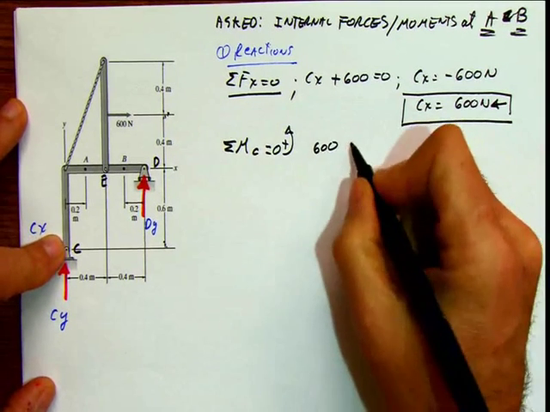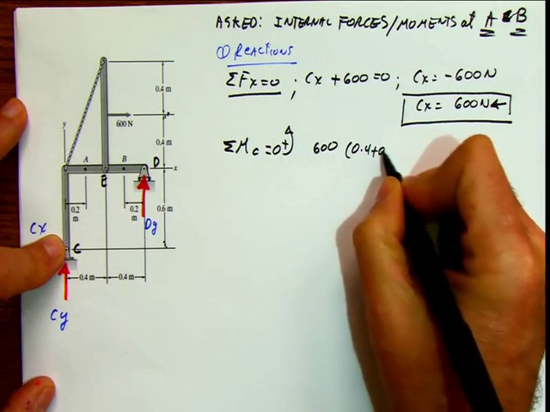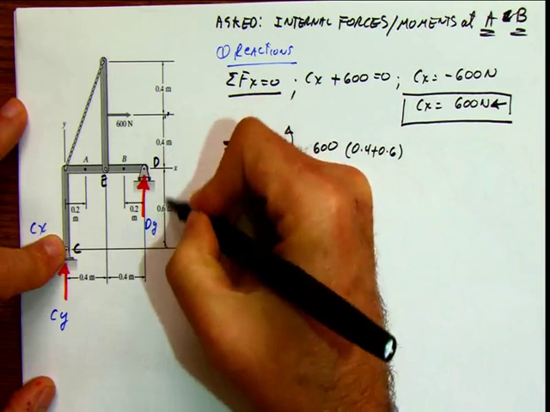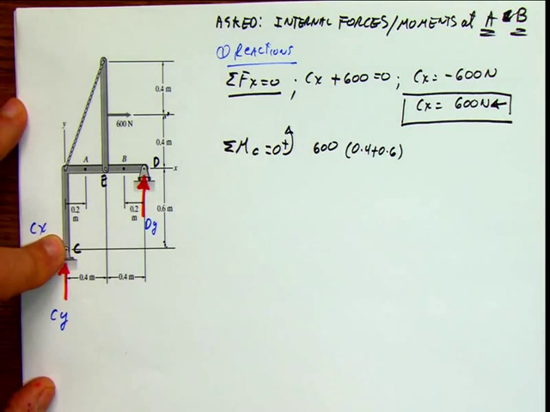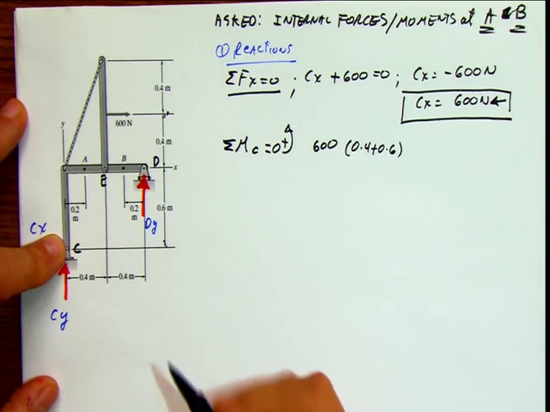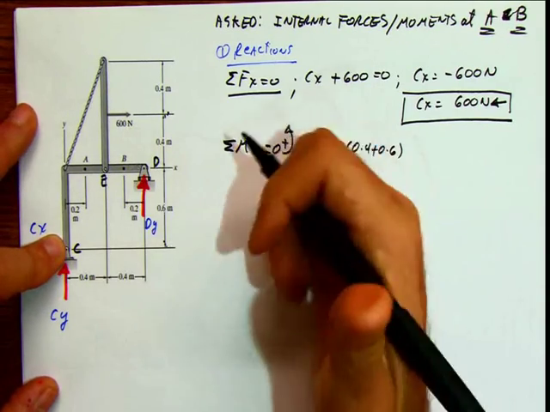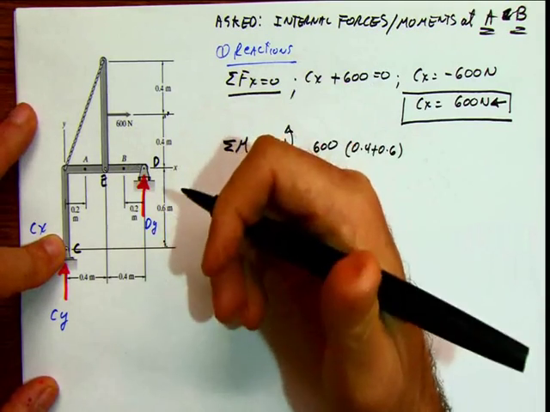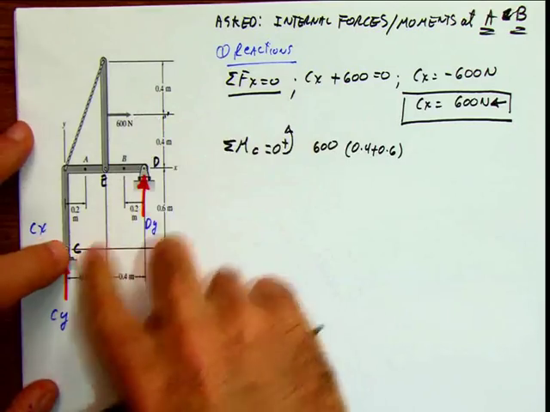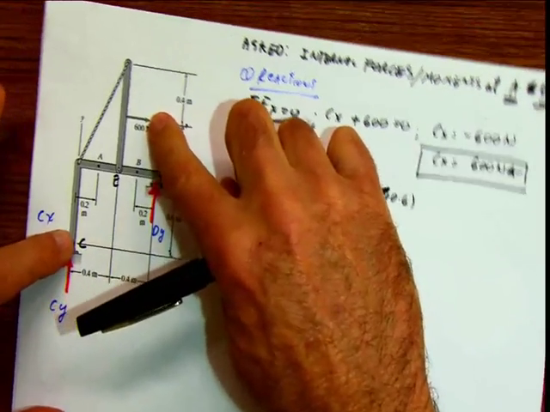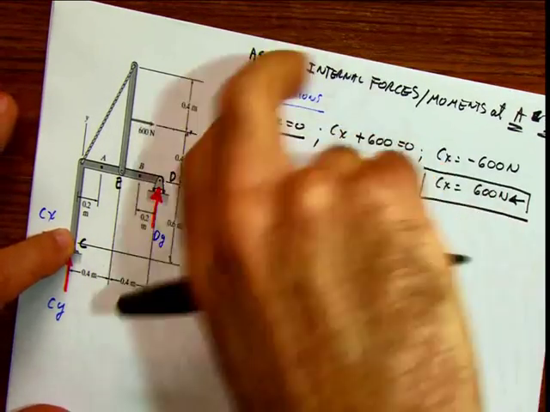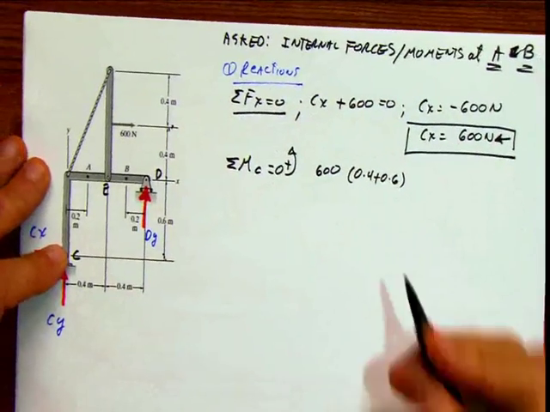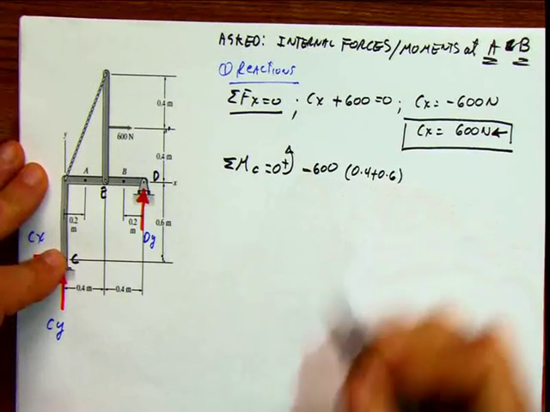That distance is 0.4 plus 0.6. I'm going to copy it like that so you can review it later. If I assume this rotation is positive, then if I put a pin here and I pull, the rotation is going to happen in this direction, which means it's going to be a negative direction for the moment.